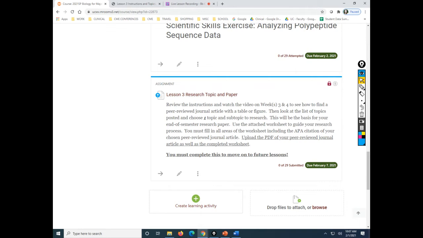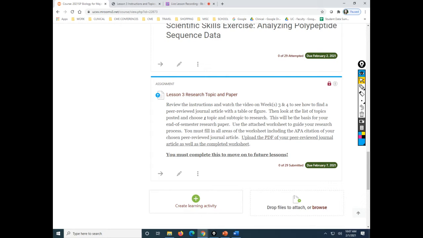Remember our research lessons, the goal of which is to help us both be able to identify the skills needed to write the research paper and to actually get all of the resources we need to do so. So when we actually get to the point, about a month-ish from now, to write that research paper, we have everything we need to do so except to sit down and put words on paper. You won't need to do any research. All of that we'll have done over the course of these research lessons.